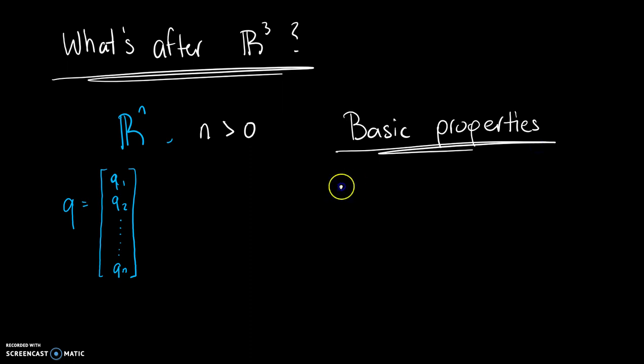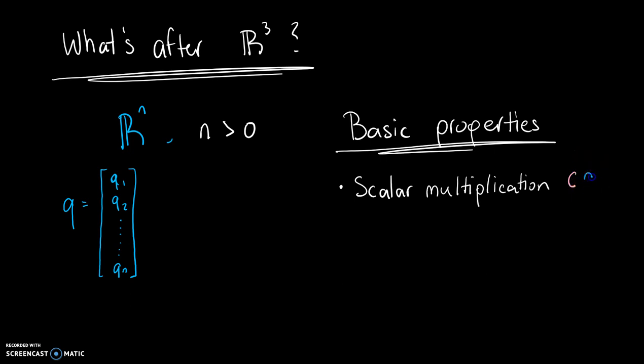So what was one of those? One of them was scalar multiplication. If you forget what that was, it's really just taking some constant number, some real number, c, and multiplying it by a vector.